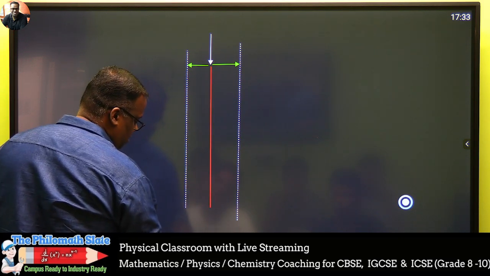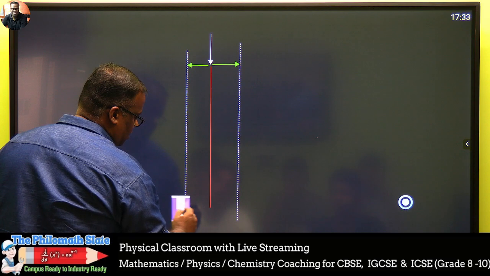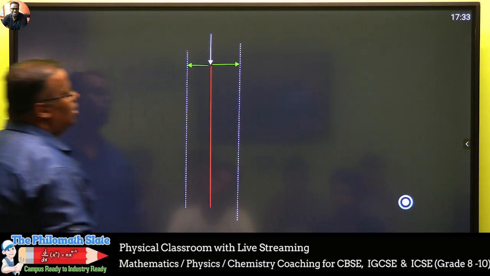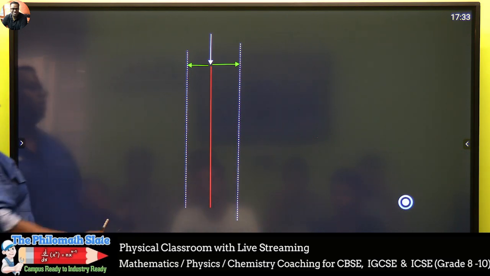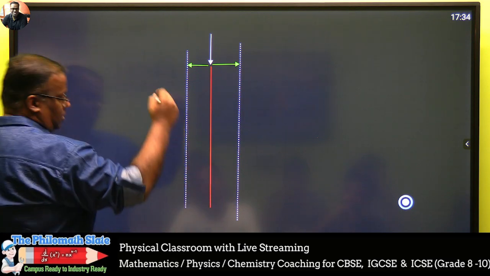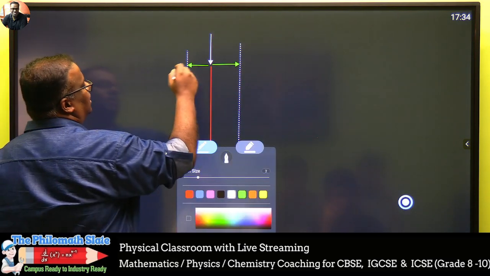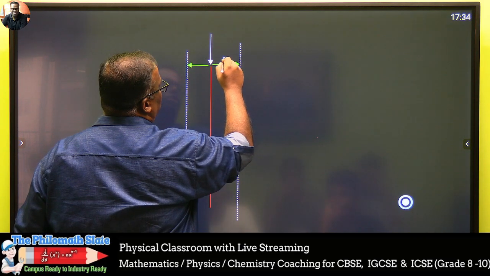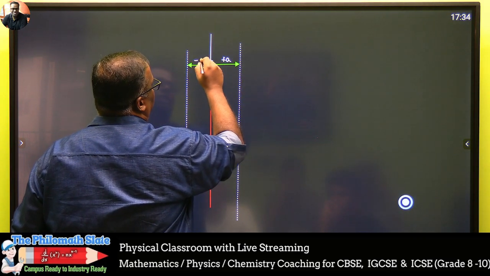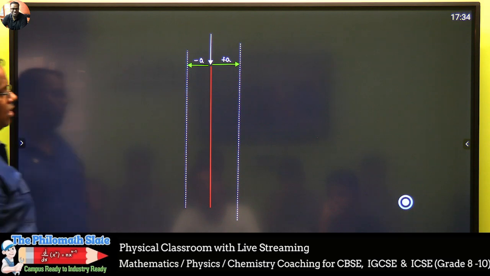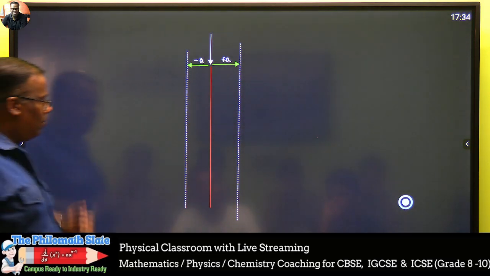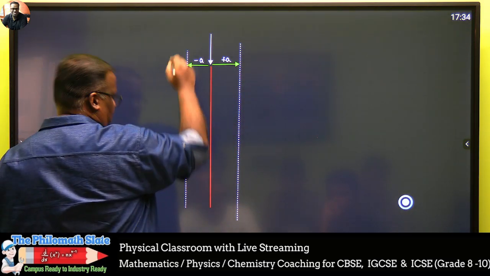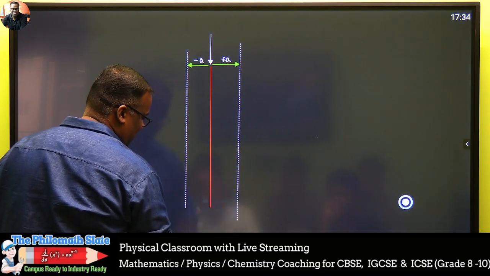Did you understand? This is my central position. So I say that it goes to, if this is an amplitude in the positive direction, say plus A, this is negative A. It keeps going like this, right? And here, this is the interesting part now.